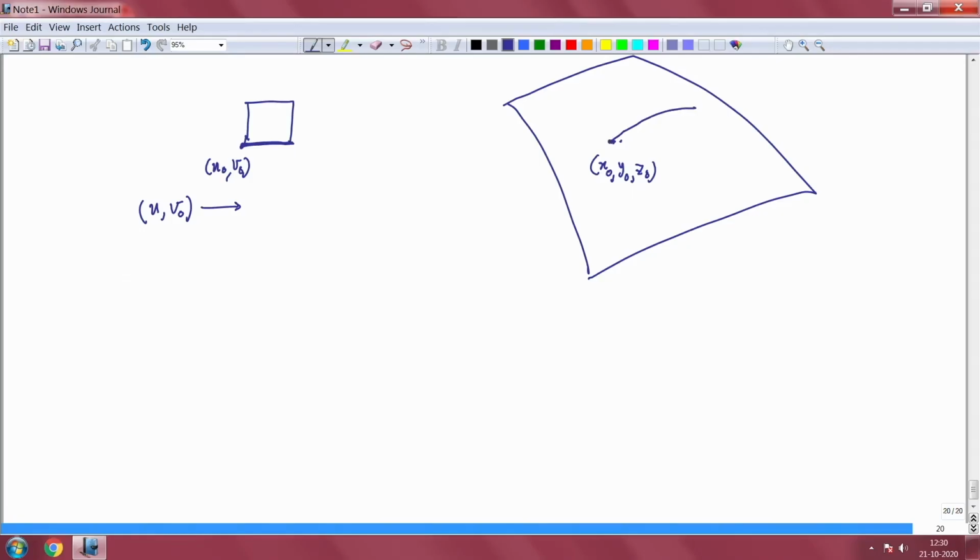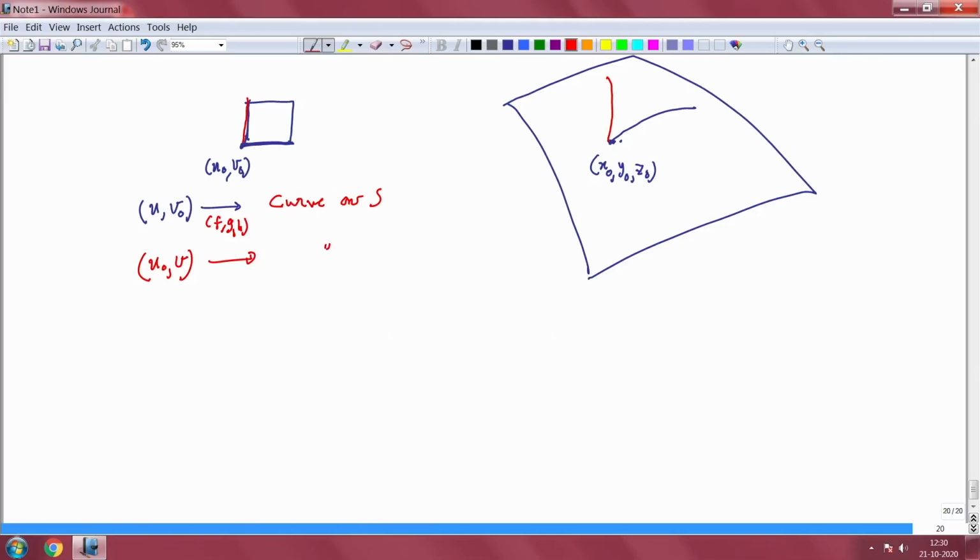Similarly, if I move along this line, I will have another curve. So, F, G, H will produce a curve on S. Similarly, if I fix u naught and vary v, I will produce, under the same thing, a curve on S.